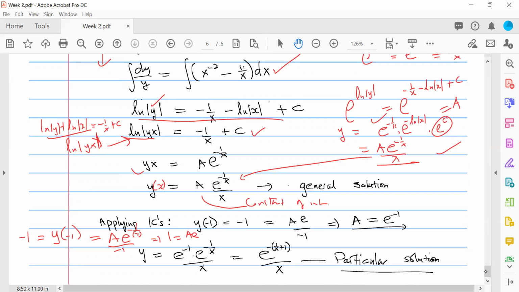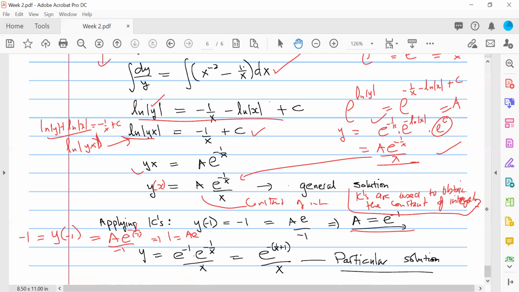Then I make a the subject of the formula. Remember, when I apply initial conditions, I'm trying to find the constant of integration. So the initial conditions are used to obtain the constant of integration. Okay, so that's what you need to know.